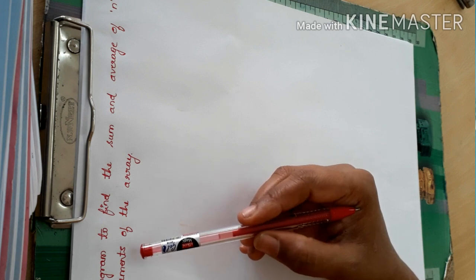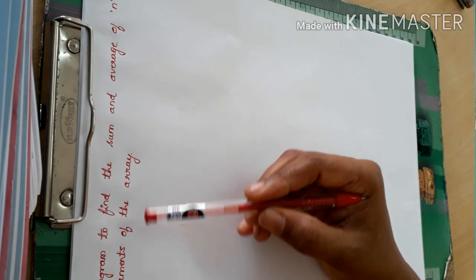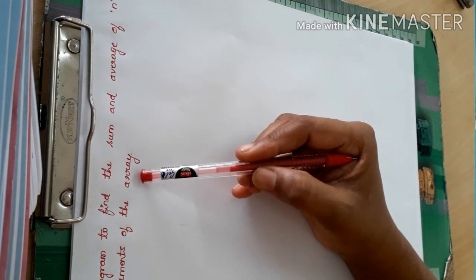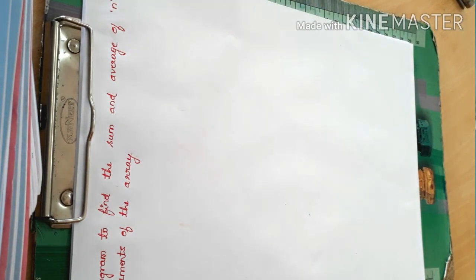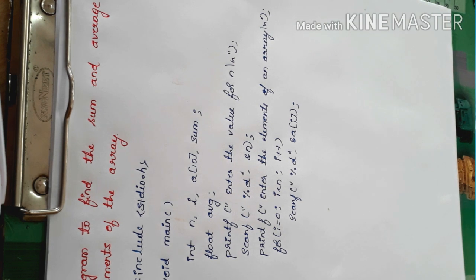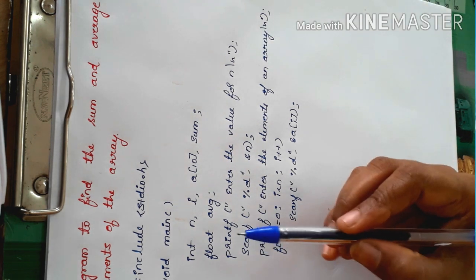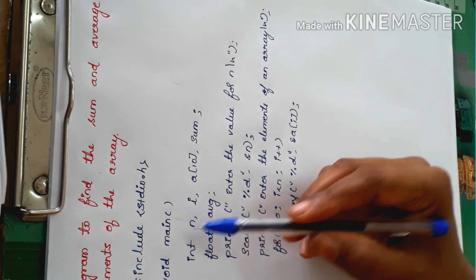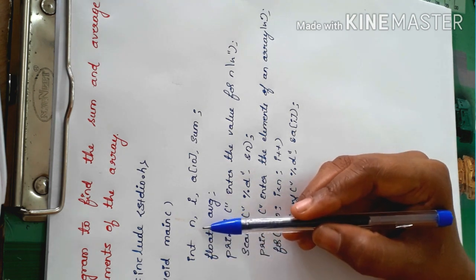In today's class, we will write the program to find the sum and average of n elements of the array. First, in the main function, declare the variables.